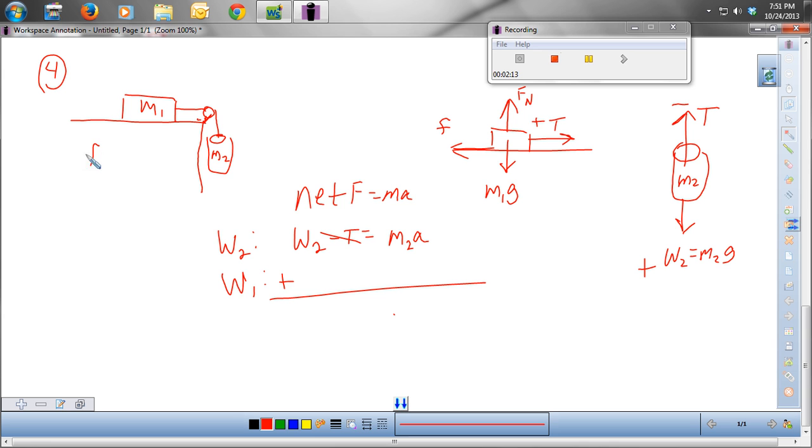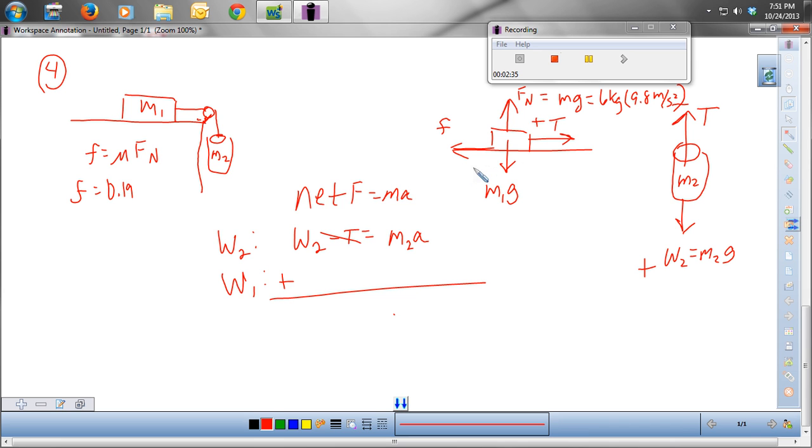Well, friction is mu times force normal. So the mu is given to me as 0.19. And my force normal is going to be the weight, which is 6 kilograms times 9.8 meters per second squared.